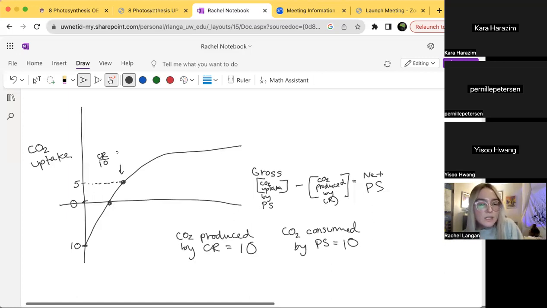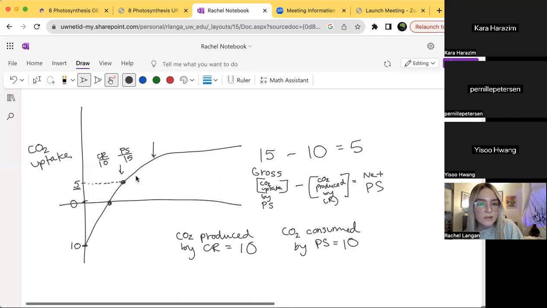And the amount done by photosynthesis has to be 5 plus the amount it's compensating for cellular respiration, for a total of 15. So we do that 15 minus 10 equals 5, which is the net photosynthesis.